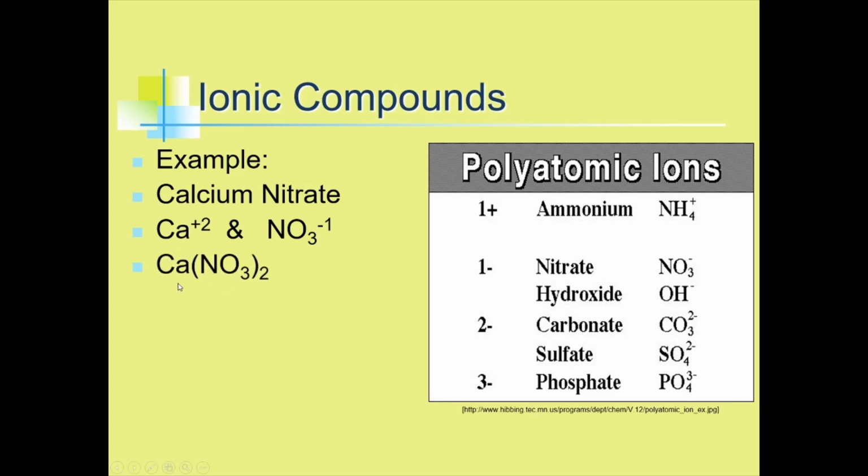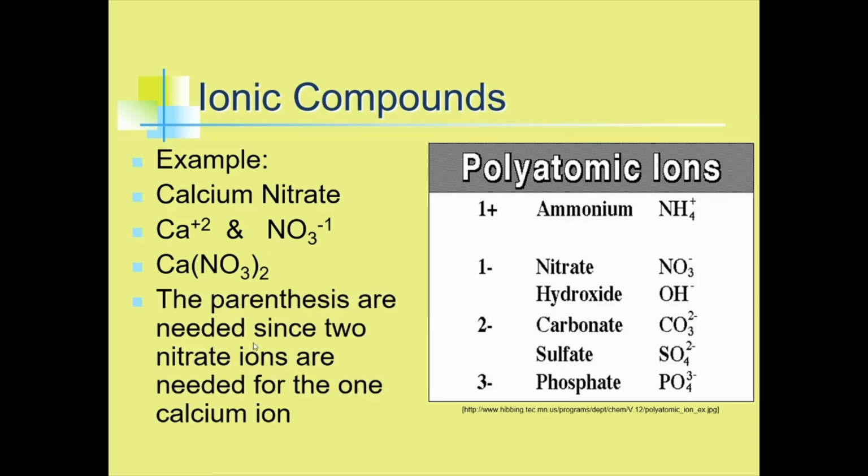So the way we write that is we have Ca for calcium, because we only need one of them, and we need 2 of these groups in order to balance that out. So we're going to put NO3 in parentheses because we're multiplying that entire group by 2 and putting a 2 on the outside. Once again, just to reiterate, the parentheses are needed since, in this case, 2 nitrate ions are needed for the 1 calcium ion.